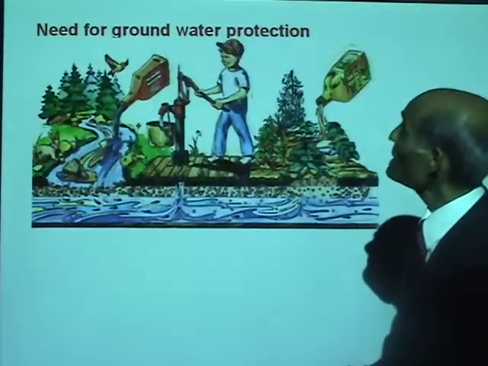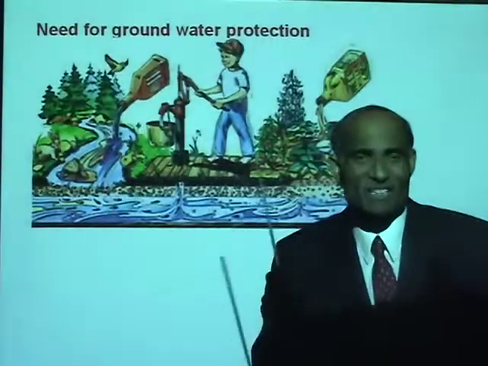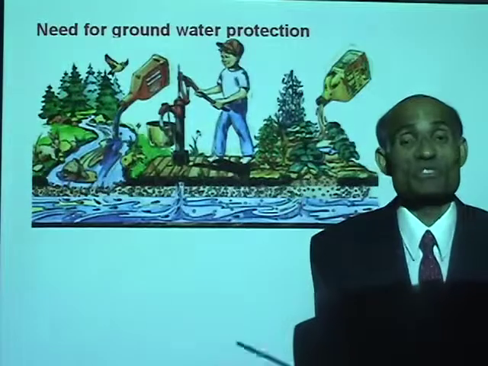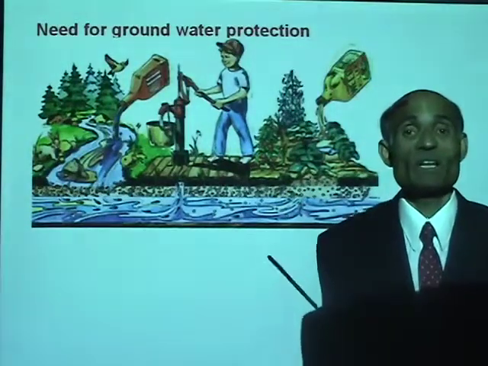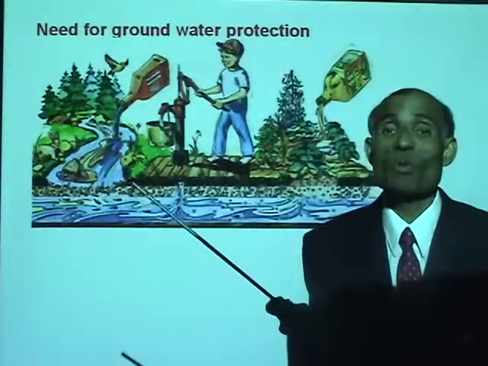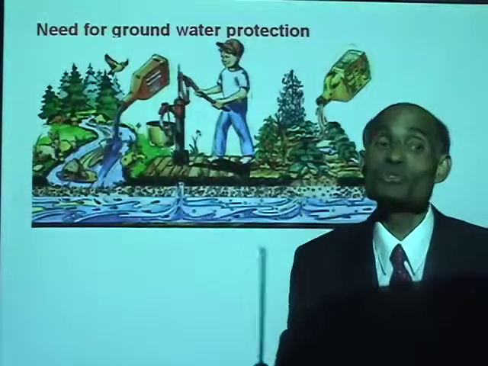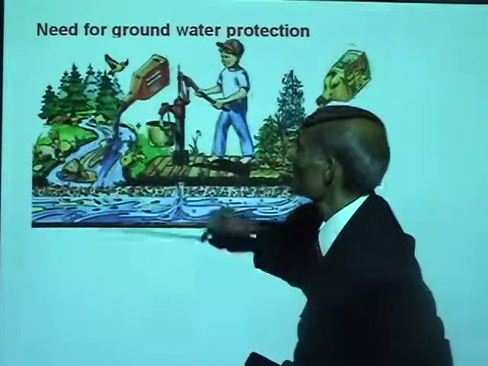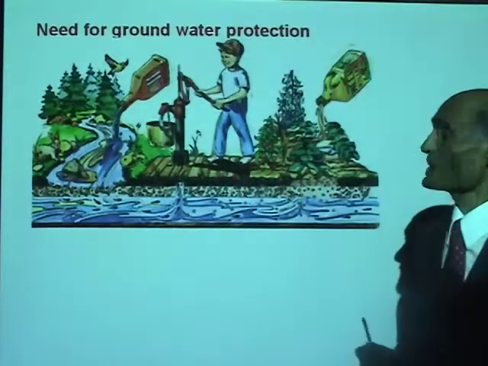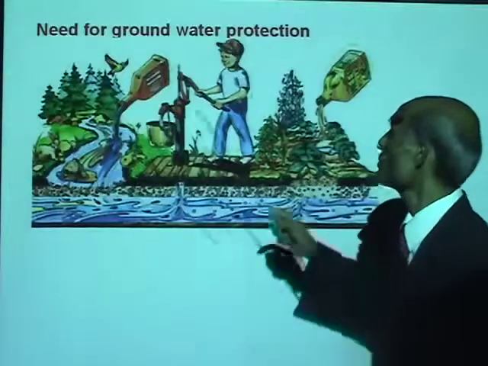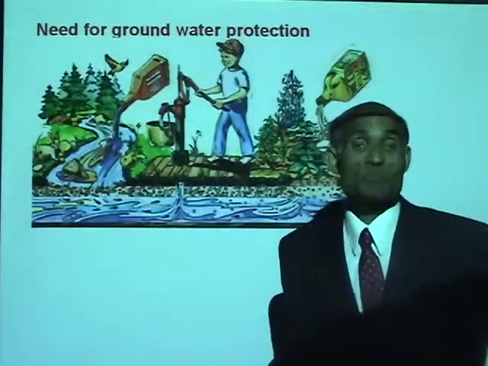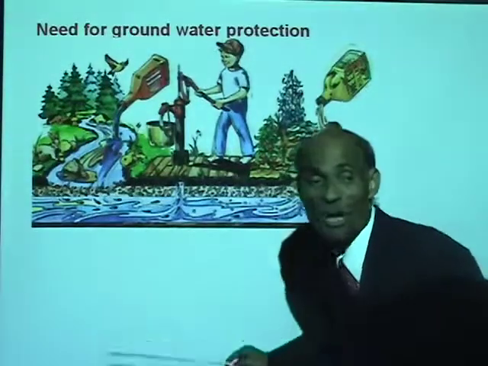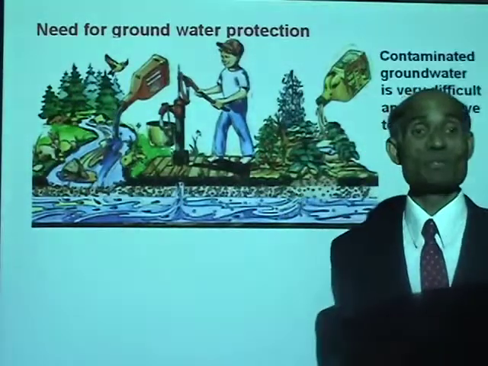Now, what is the need for protecting groundwater? You can see the variety of uses that we have for groundwater. So if you contaminate groundwater, you are going to use contaminated water. Look, now, if you put engine oil and other contaminants into streams and little ponds, that eventually goes into the groundwater system and pollutes it.